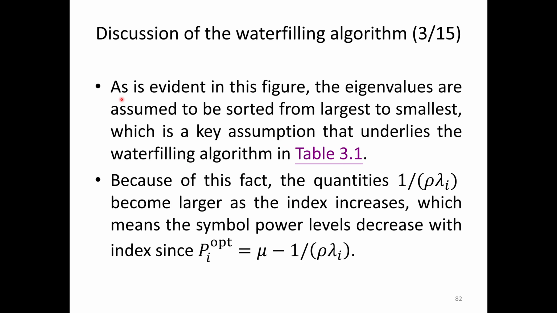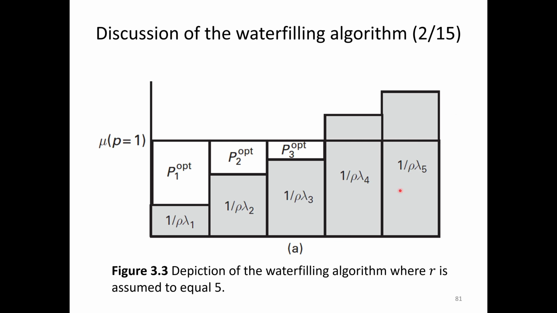As is evident in this figure, the eigenvalues are assumed to be sorted from largest to smallest, which is a key assumption that underlies the water filling algorithm in table 3.1. So in this figure, lambda 1 is greater than lambda 2, greater than lambda 3, greater than lambda 4, greater than lambda 5.